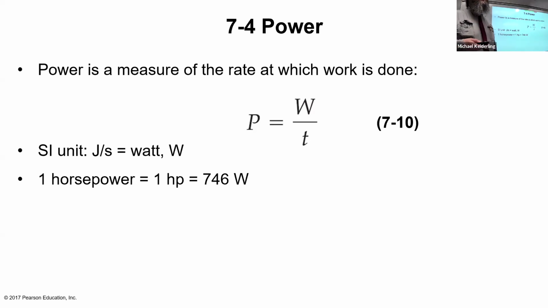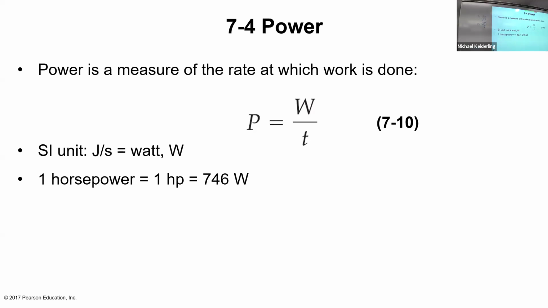That's because 1 horsepower is defined to be 550 foot-pounds per second, in the US customary units. The unit of power in US customary units is foot-pounds per second, so horsepower gets used a lot more often.